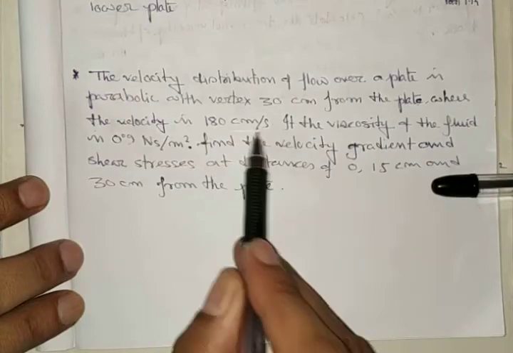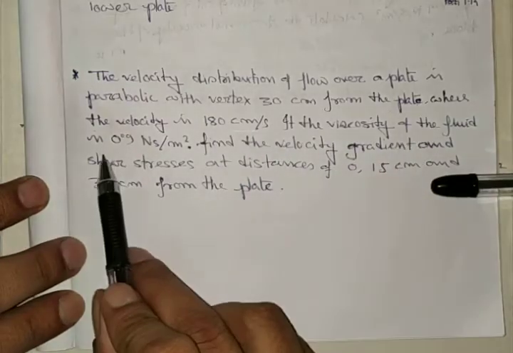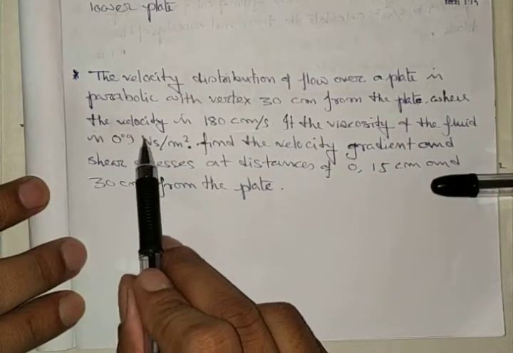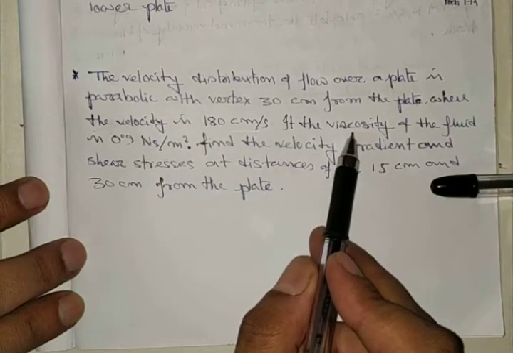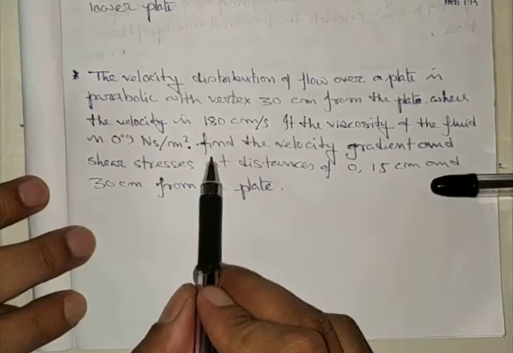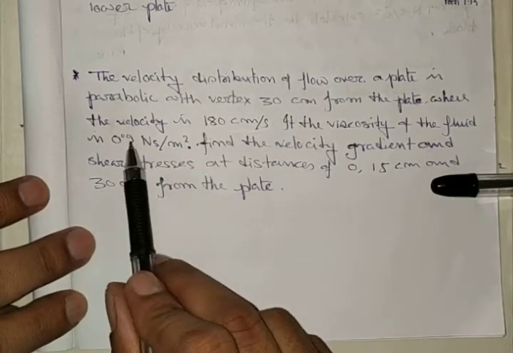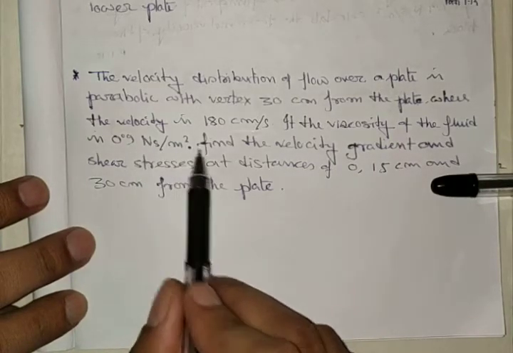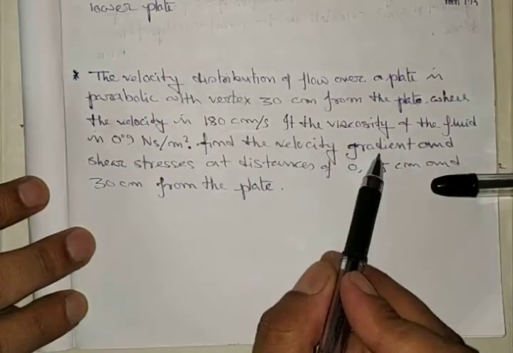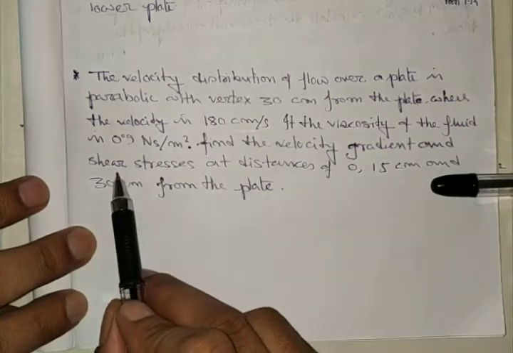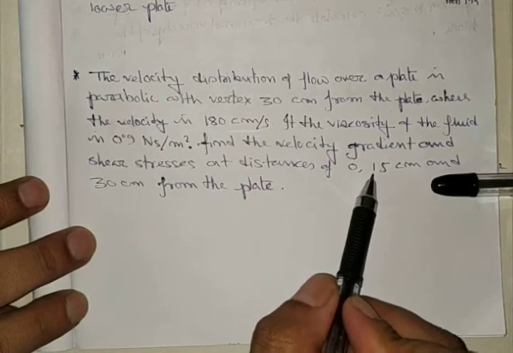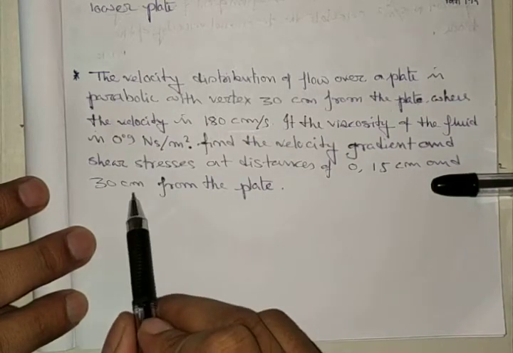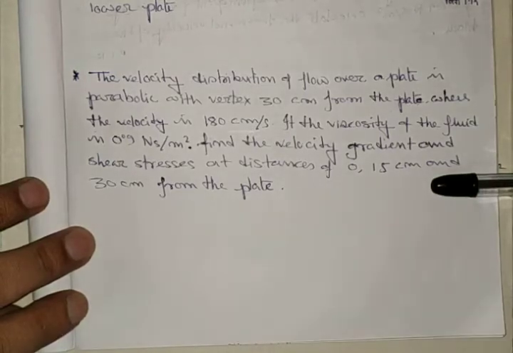If the viscosity of the fluid is 0.9 Newton second per meter square, viscosity here means dynamic viscosity, 0.9 Newton second per meter square. Find the velocity gradient and shear stress at a distance of 0, 15 cm and 30 cm from the plate. So let's try to solve this problem.